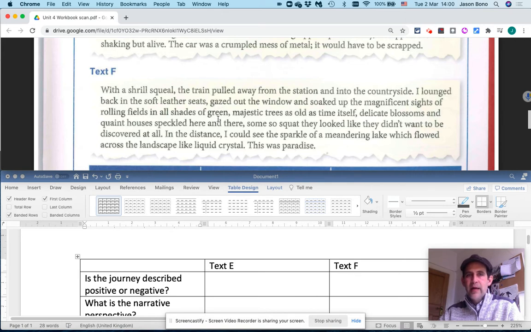I lounged back in the soft leather seats, gazed out the window, and soaked up the magnificent sights of rolling fields in all shades of green, majestic trees as old as time itself, delicate blossoms, and quaint houses speckled here and there, some so squat they looked like they didn't want to be discovered at all. In the distance, I could see the sparkle of a meandering lake, which flowed across the landscape like liquid crystal. This was paradise.